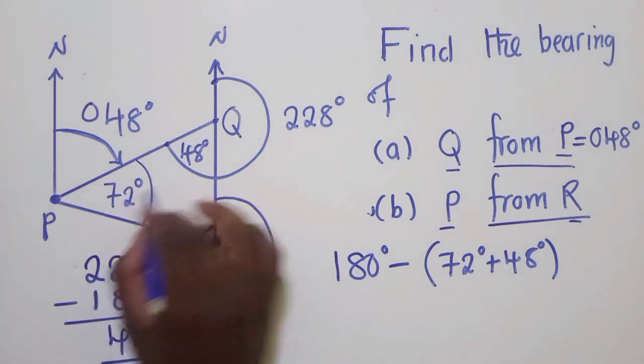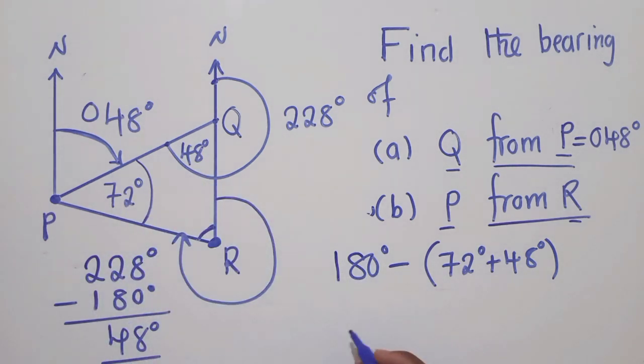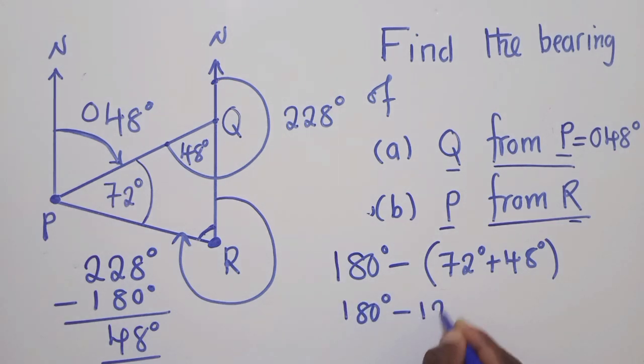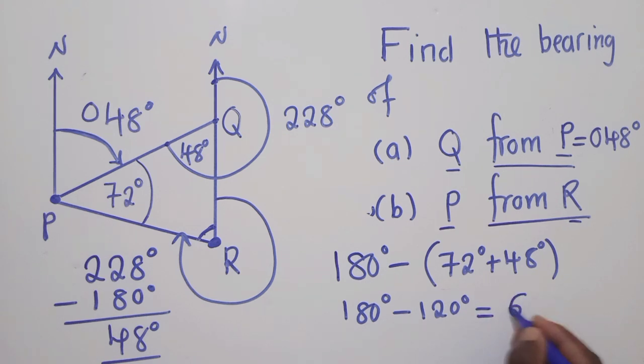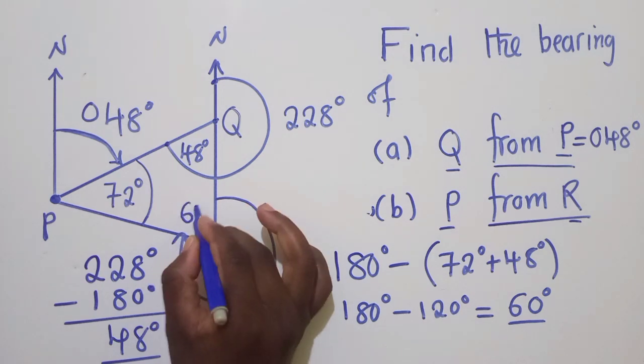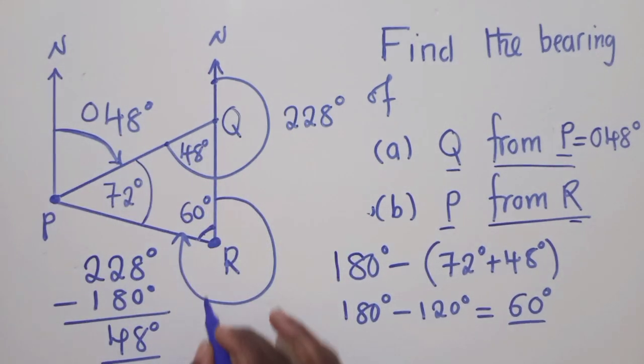So when we add these two and subtract from 180, we'll get the angle we are looking for. This is 180 degrees minus 120 degrees. The addition of these two is giving us 120, which is equal to 60 degrees. So meaning the angle inside here is 60 degrees.